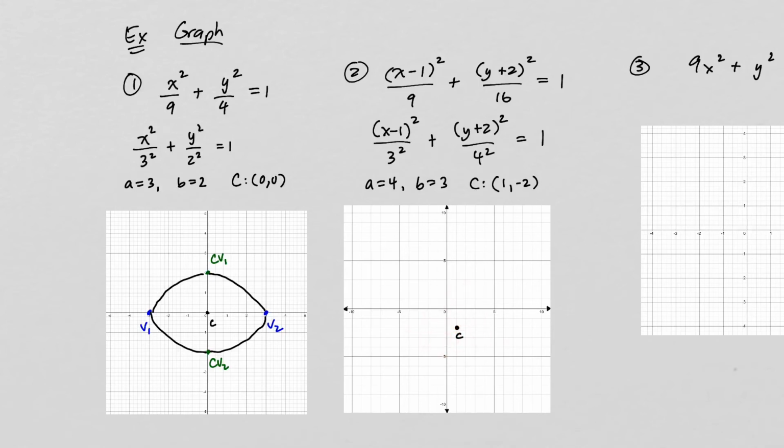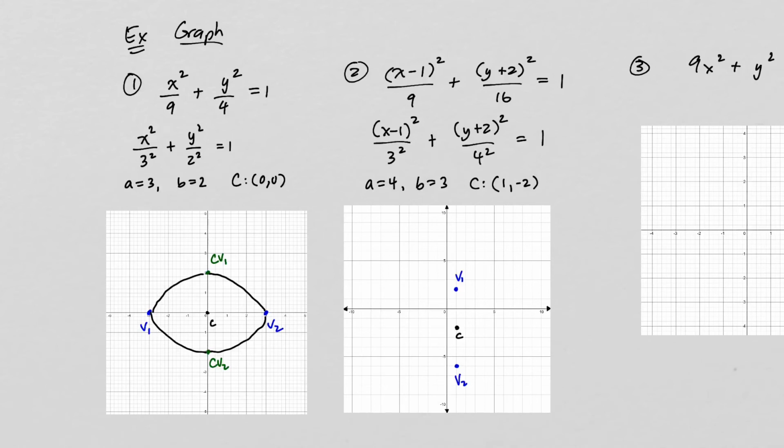In this case, A is 4, but that 4 came from the 16, which was below the y variable. So from the center, we have to count 4 units up and 4 units down. When we do that, we get a point here, that's a vertex, and we get a point here, that's another vertex.